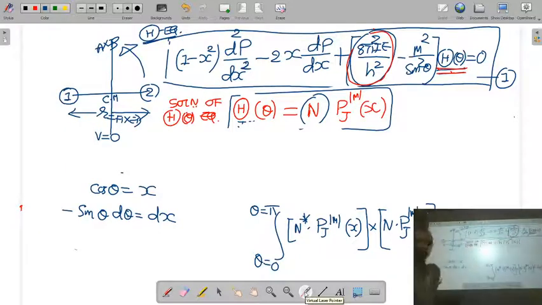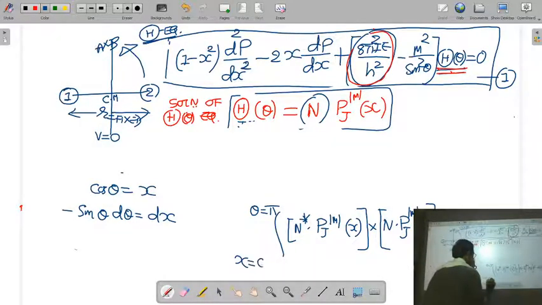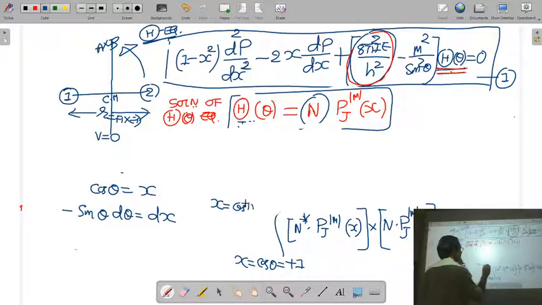If theta is equal to 0, then x is equal to cos 0, which is plus 1. The upper limit was theta equal to pi, so x is equal to cos pi, and cos pi is equal to minus 1.